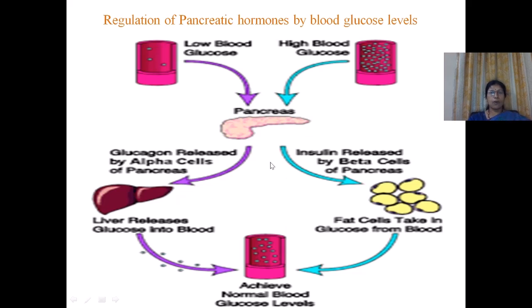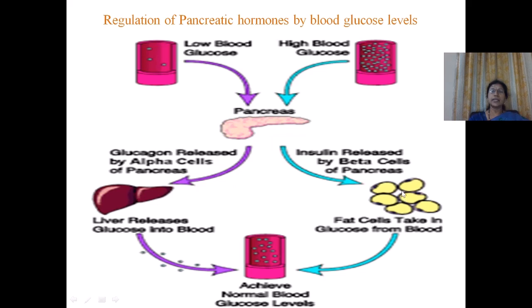And in contrast to this, when there is a high blood glucose level in the blood, the pancreas is stimulated and insulin is released by beta cells of the pancreas. So here, this insulin causes the fat cells to take in glucose from the blood.